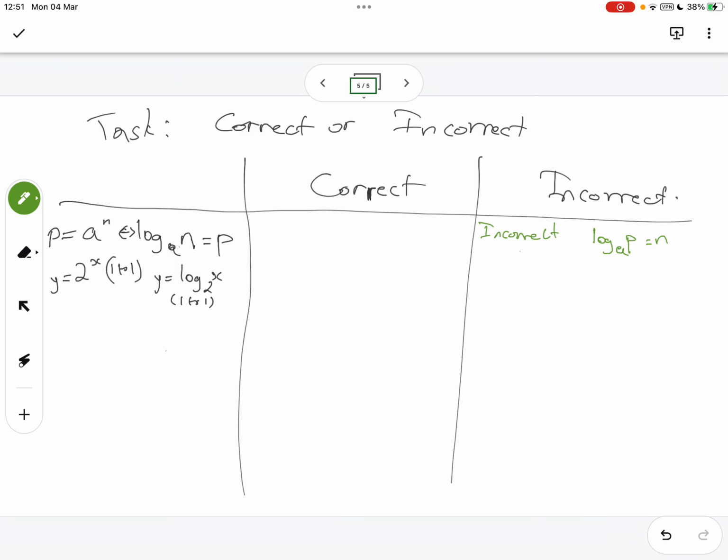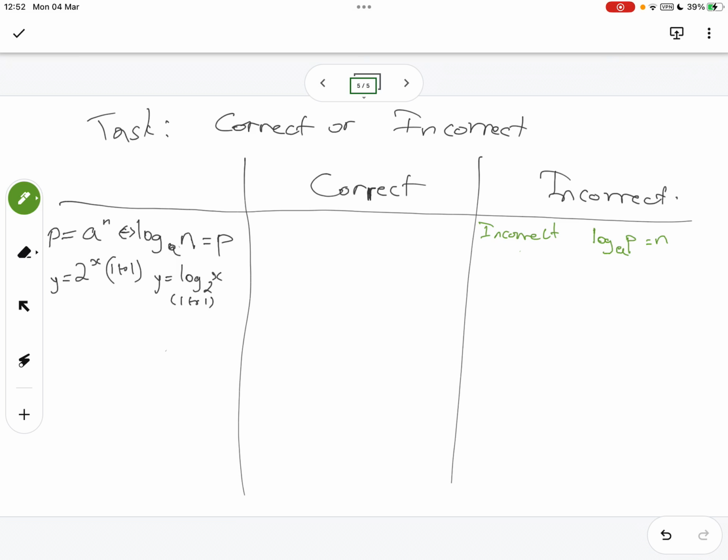Okay, so let's check. Is it correct that for y equals 2 to the power x, the inverse is y equals log x base 2, and is also a one-to-one function? It looks correct.